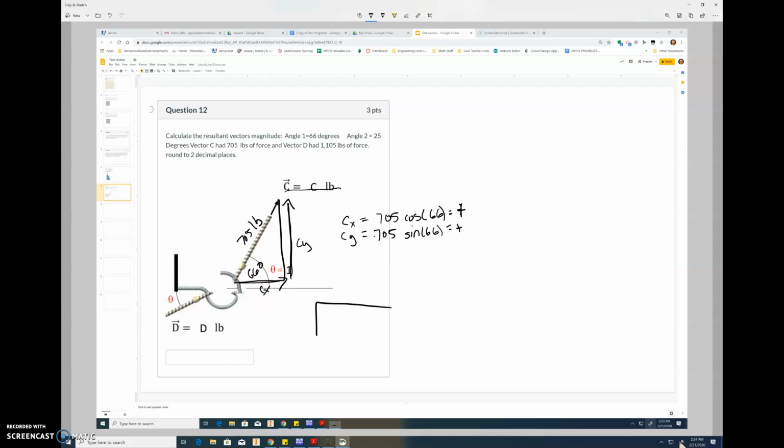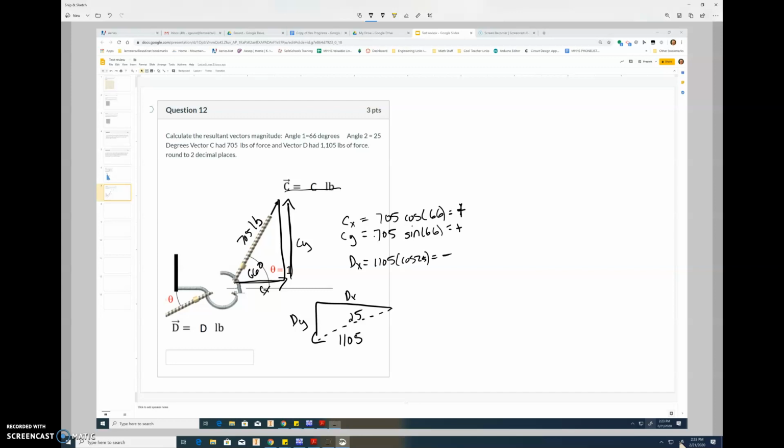But if I go to vector D and draw it over here, vector D has magnitude 1105 and its angle is 25 degrees, but notice that its x component and its y component are both negative. So D in the x direction is going to be 1105 times the cosine of 25, but this is going to be a negative value.